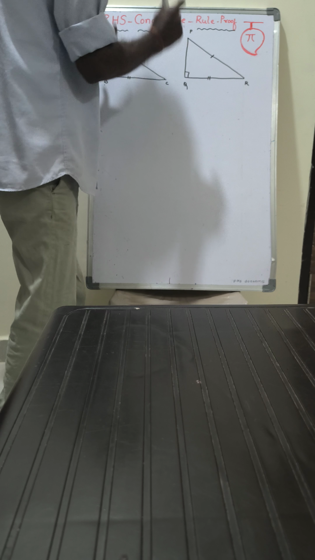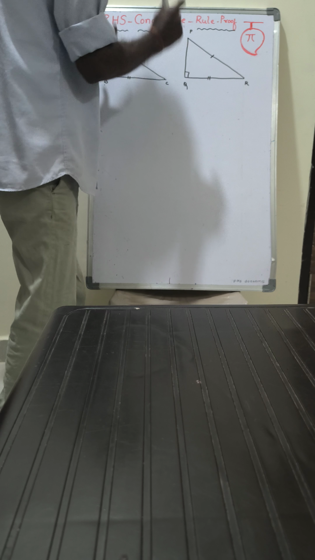What is the statement? Two right angle triangles are said to be congruent if the hypotenuse and one side of one triangle are equal to the hypotenuse and one side of the other triangle.